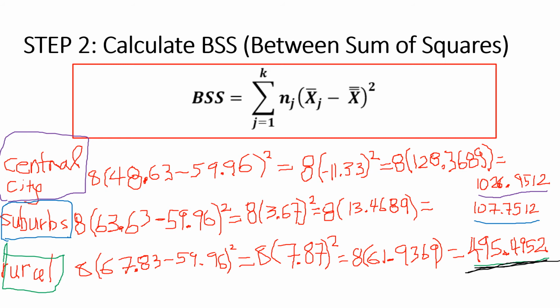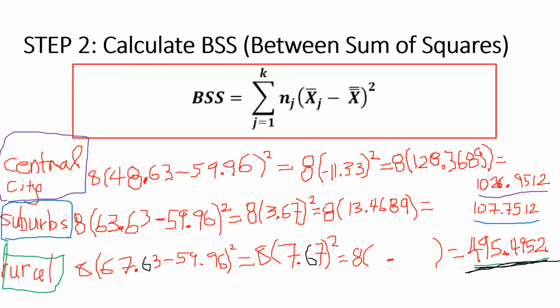This number should be 0.63. Let me fix that. So that should be a 6.3, and everything that's changed I'll rewrite in black. So the difference is 7.67, and 7.67 squared is 58.8289.